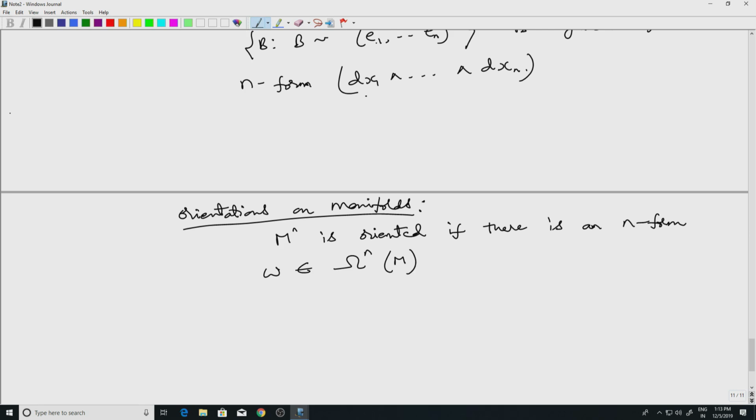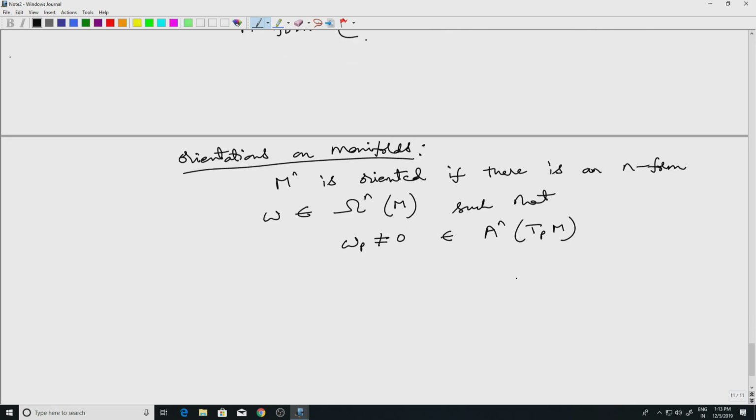There's an n-form such that all I require is that at each point it's not the zero form. Omega p is not equal to the zero form, and this is for all p in M. Nowhere should it be the zero form.